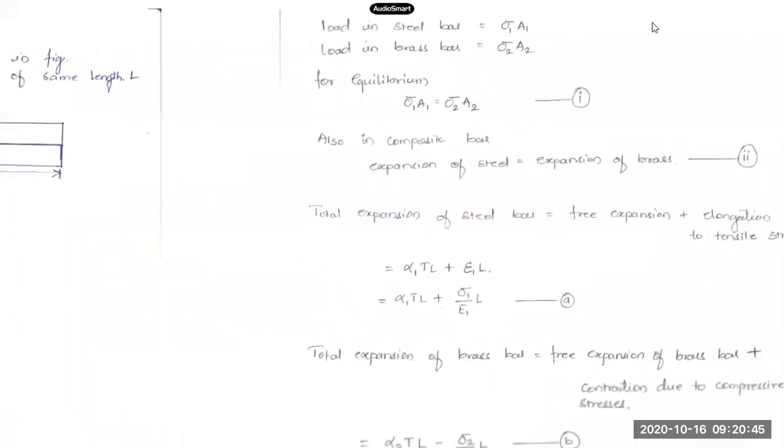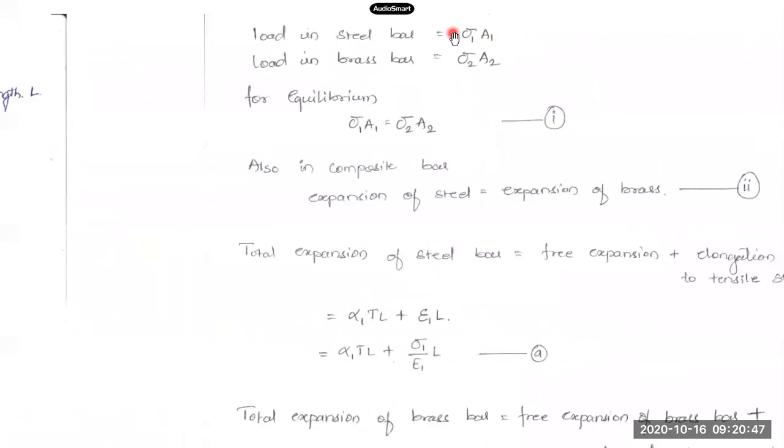Now I want to estimate what is the total deformation delta in this composite bar, and also what are the stresses developed in these two bars. Okay, so say sigma 1 is the stress in steel bar and sigma 2 is the stress in brass bar. Okay, so what is the force in each of them? We'll obtain some expression for this sigma 1 and sigma 2 later, but what is the force in both the bars?